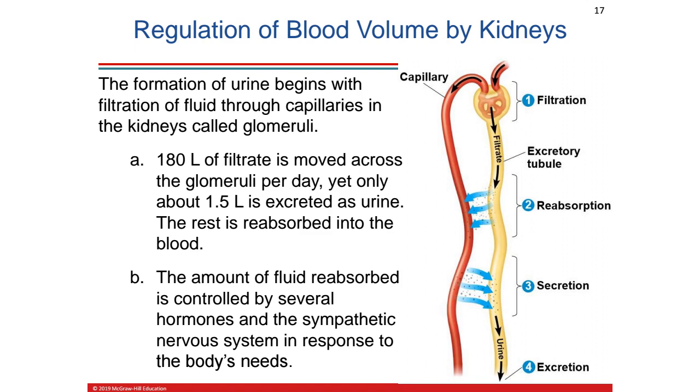So this means that most of the fluid is in fact reabsorbed back into the blood, and that's shown here during step 2, reabsorption. You have the reabsorption of water, and you also have the reabsorption of solutes, such as sodium and chloride. The amount of fluid reabsorbed is controlled by several hormones and the sympathetic nervous system, and this all occurs in response to the body's needs.